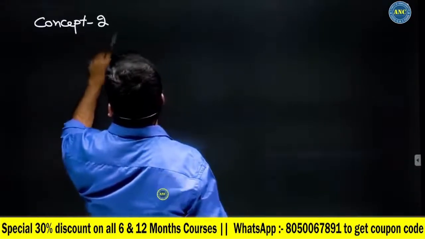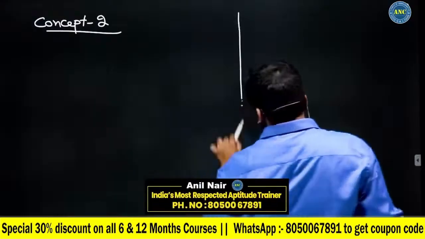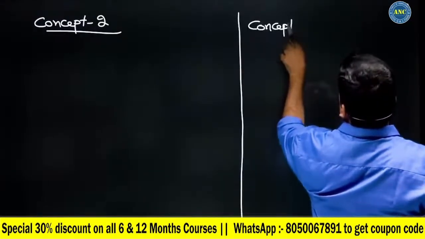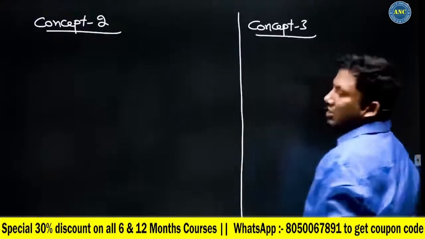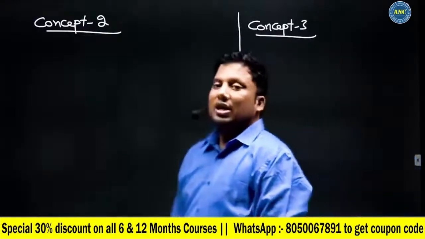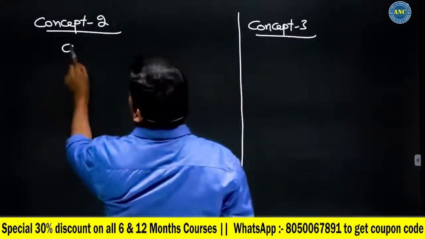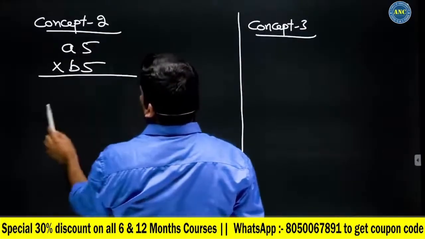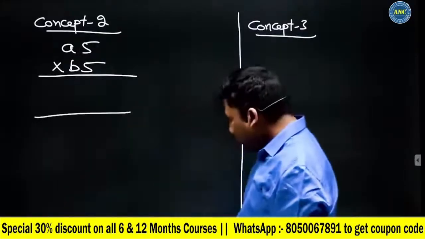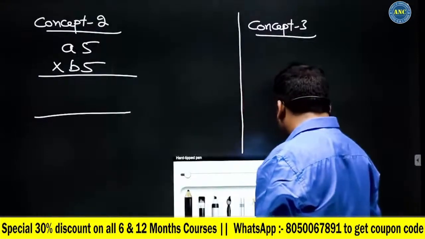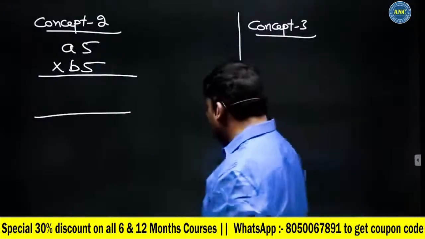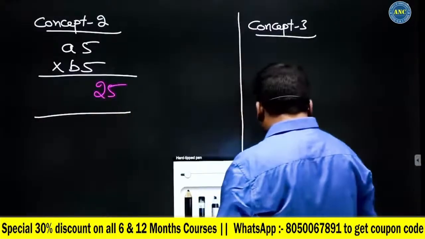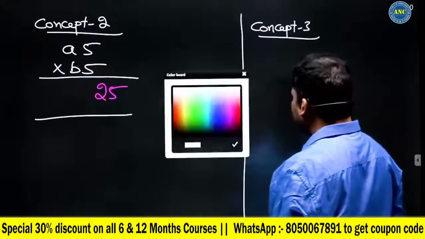Concept 2 and concept 3. Concept 2: if it is A5 into B5, if both A and B are even, what are the last 2 digits? 25.